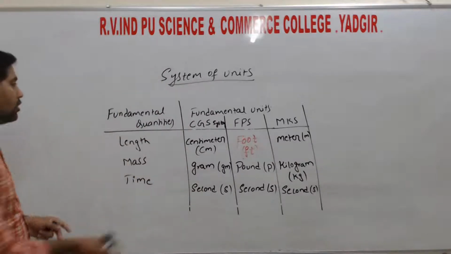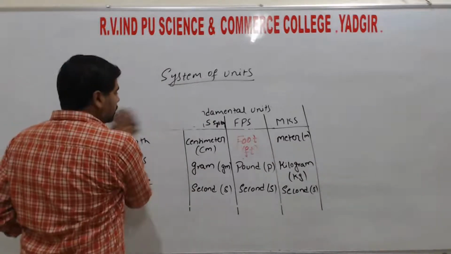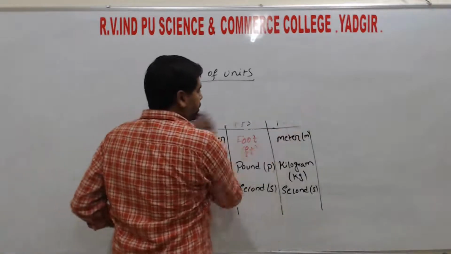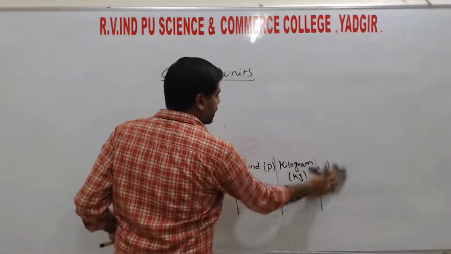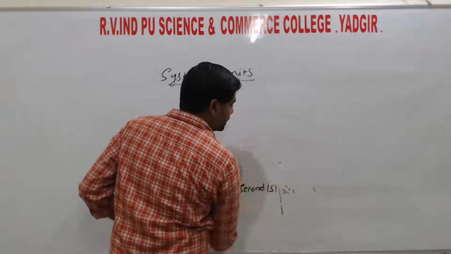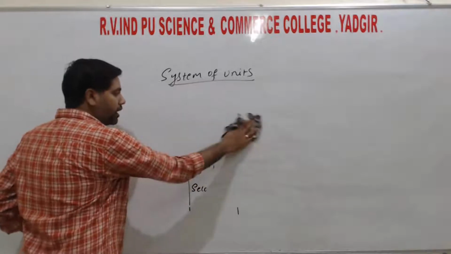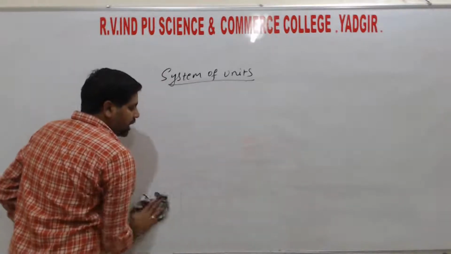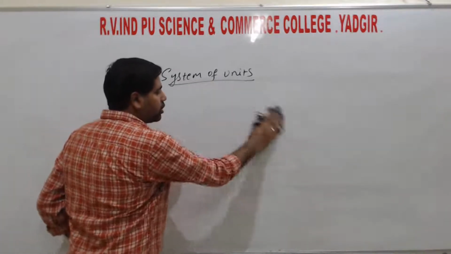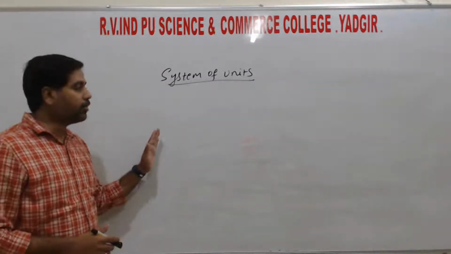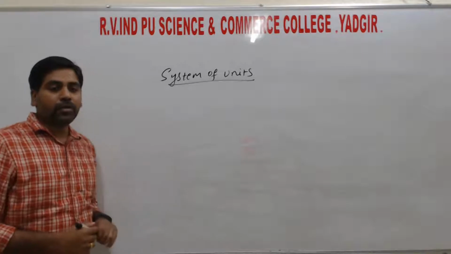So nowadays we use the standard system, that is the system of international units, the SI unit. In SI units we have 7 fundamental quantities and 7 fundamental units, along with 2 supplementary quantities and supplementary units.